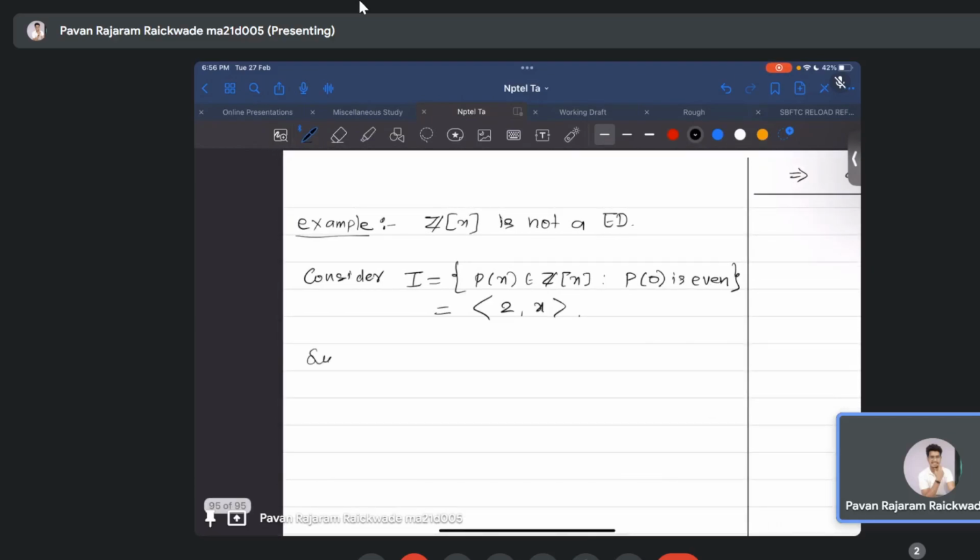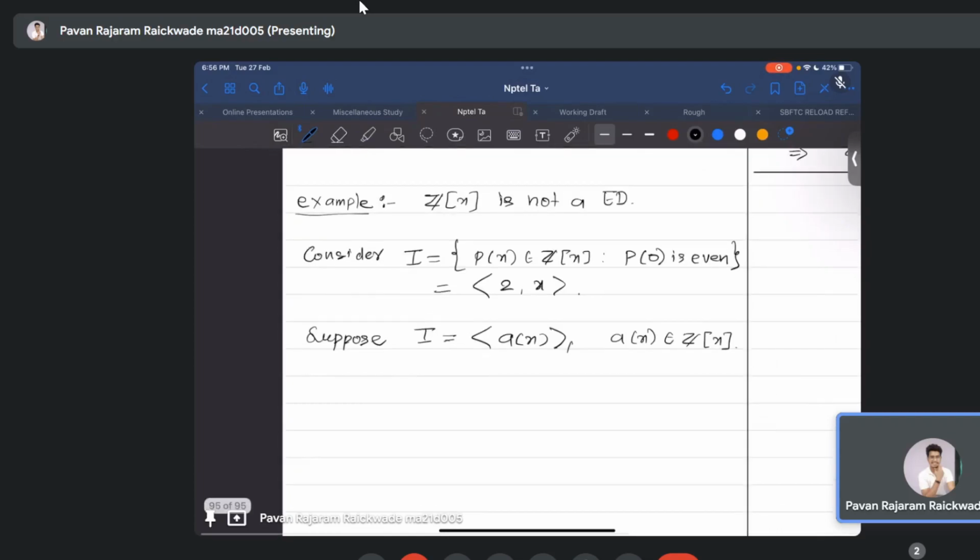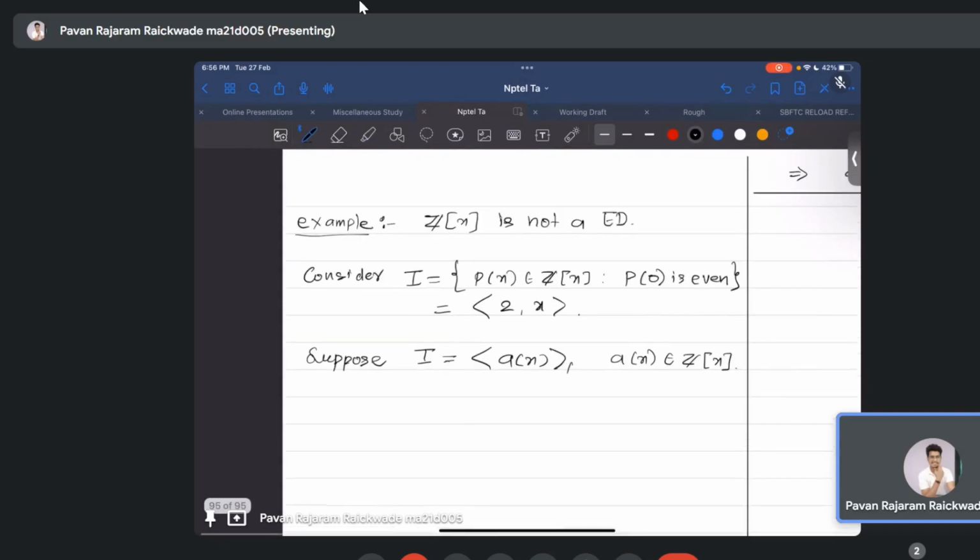So suppose I is generated by some single polynomial a(x), for some a(x) with integer coefficients. Right? So I ultimately want to show that I is not generated by a single element. Hence Z[x] is not a PID, hence not ED. Suppose this happens.